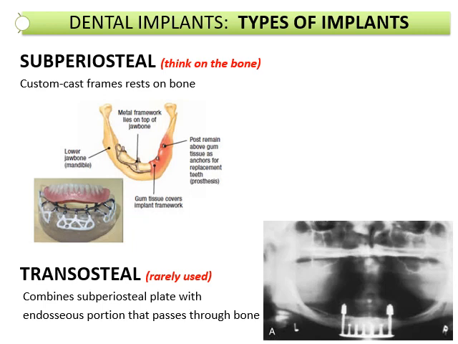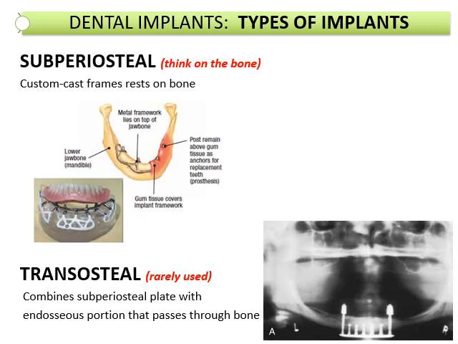The subperiosteal implant is a custom cast frame, as you can see in the middle picture, made to rest on top of the bone. You have to cut the gum tissue open, and it sits on top of the mandible. It's used more for people who don't have enough bone to tolerate endosseous implants or are unable to wear conventional dentures.